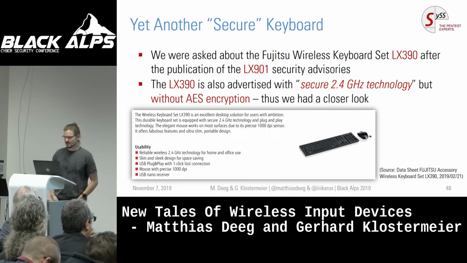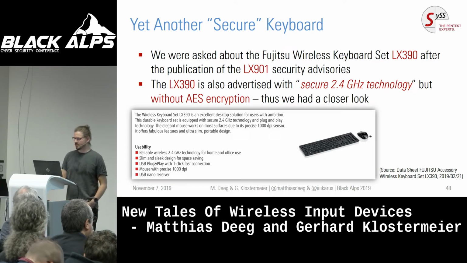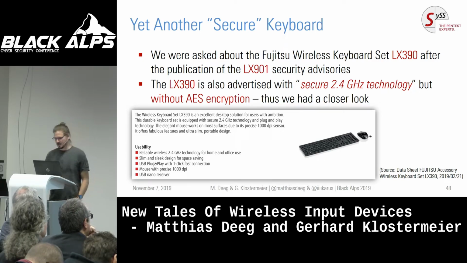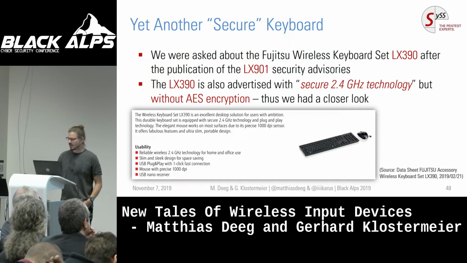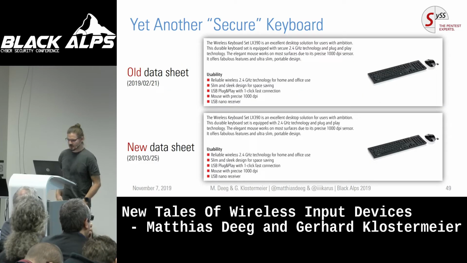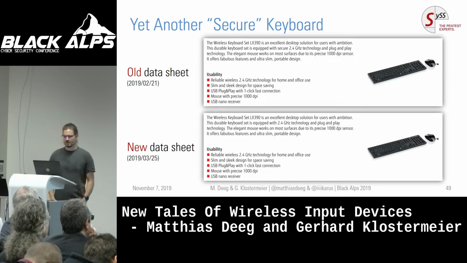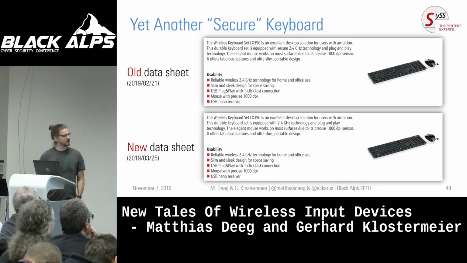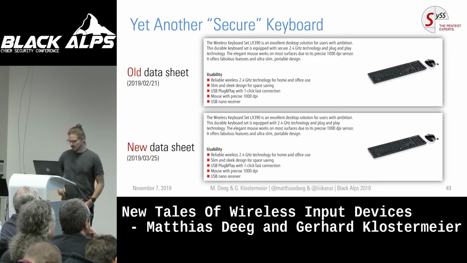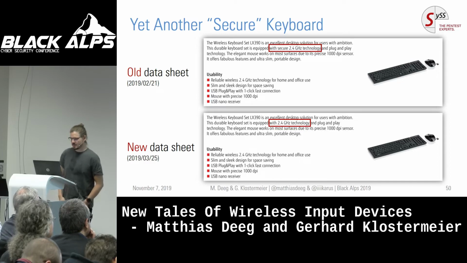It advertised itself as a secure 2.4 technology keyboard, but without mentioning AES encryption anywhere. So it was interesting for us to have a closer look. This is the product sheet before we had a closer look, and the other datasheet down there is the datasheet after we had a closer look. I know the font is really tiny, but you may spot the difference.